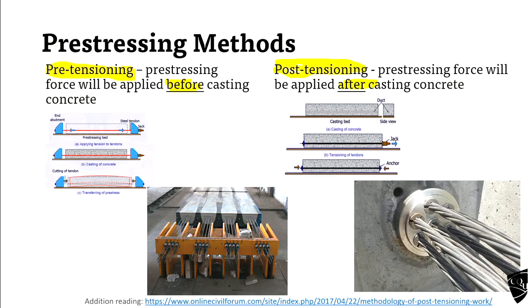Earlier we stretched the steel before the casting, so that is called pre-tension, post-tension. Both are called pre-stressing. So that means pre-tension and post-tension both are called pre-stressing. Two different techniques come under pre-stressing. Understand?